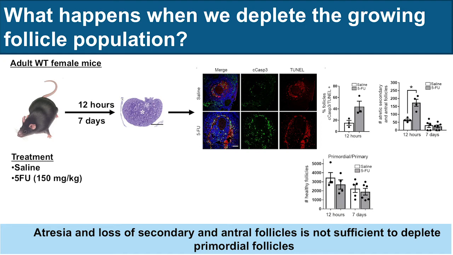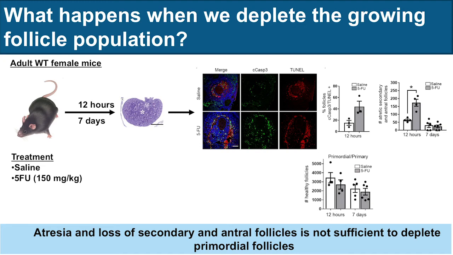But despite the depletion in the number of growing follicles, we were unable to detect a depletion in the number of primordial or primary follicles. So atresia and loss of secondary follicles and antral follicles in this model was not sufficient to actually induce a depletion of the primordial follicle reserve.